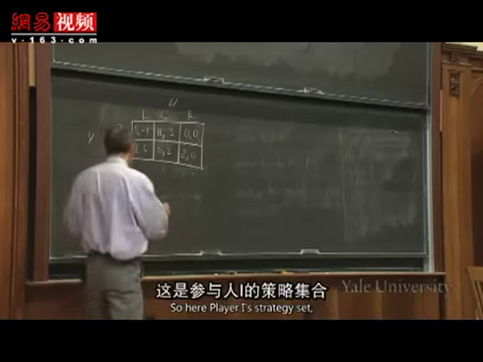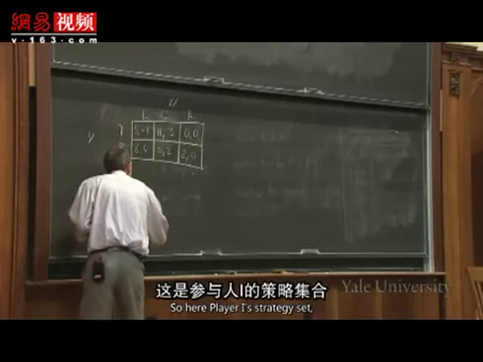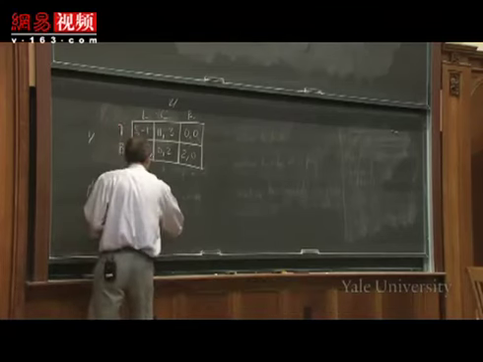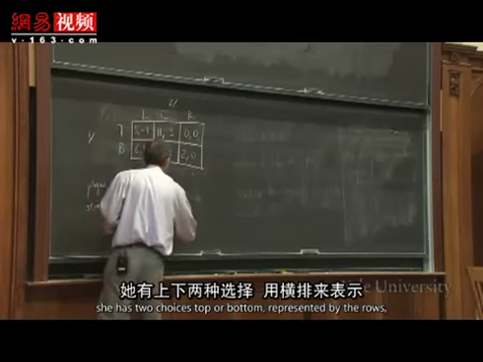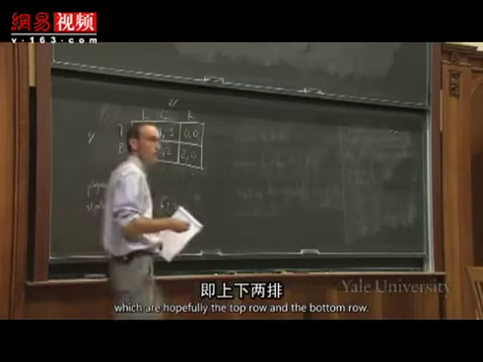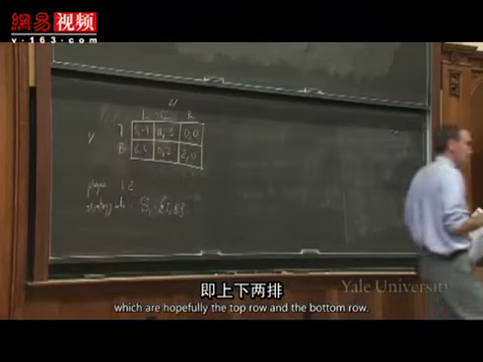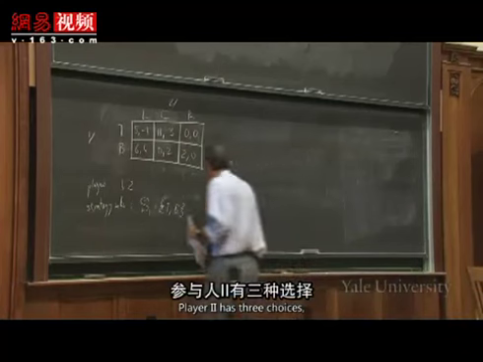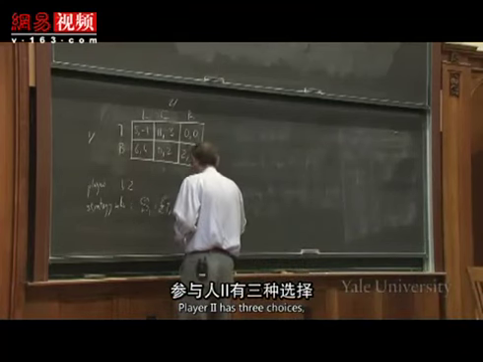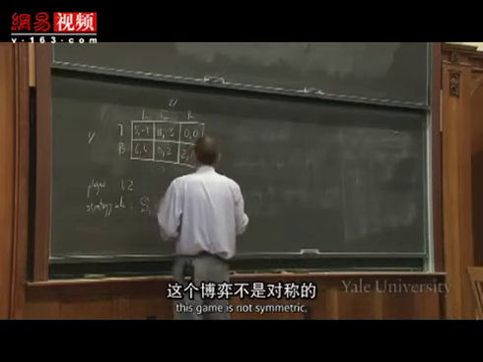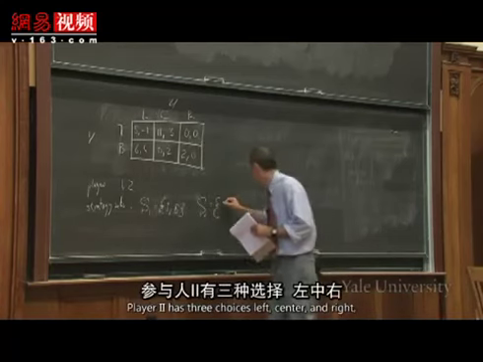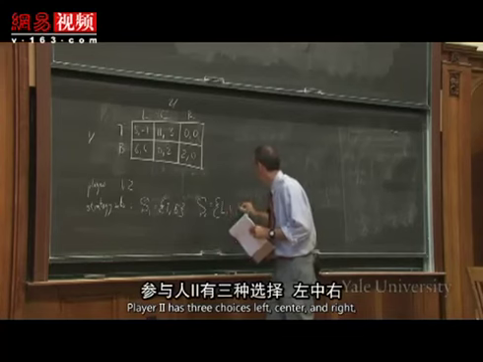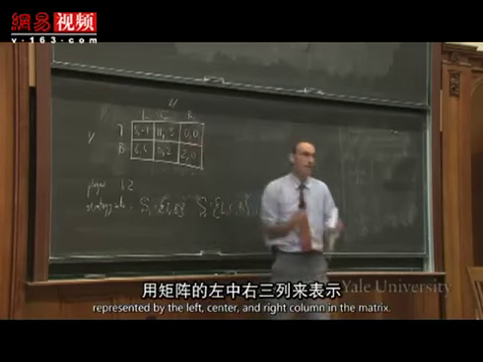Player 1 has two choices, top or bottom, represented by the rows, which are helpfully the top row and the bottom row. Player 2 has three choices. This game is not symmetric, so they have different numbers of choices. That's fine. Player 2 has three choices, left, center, and right, represented by the left, center, and right columns in the matrix.